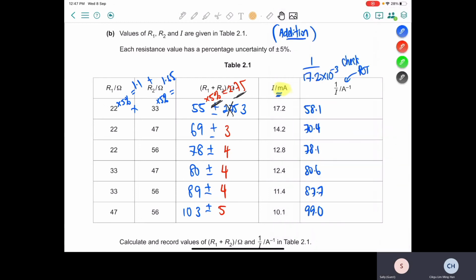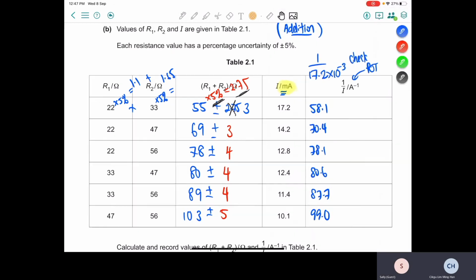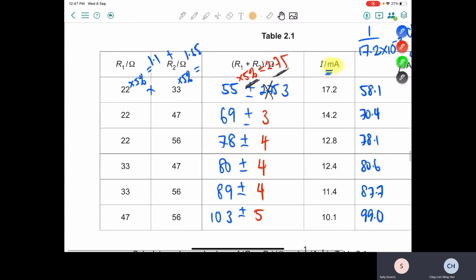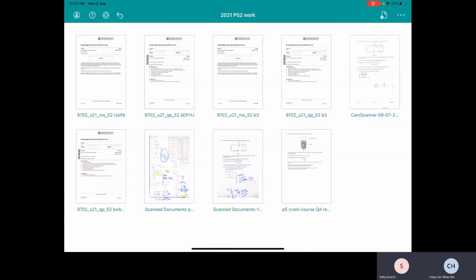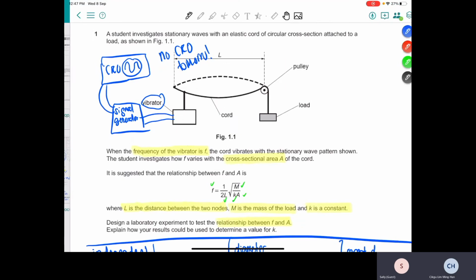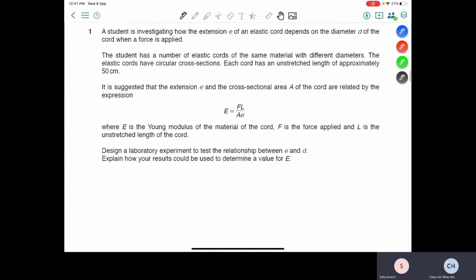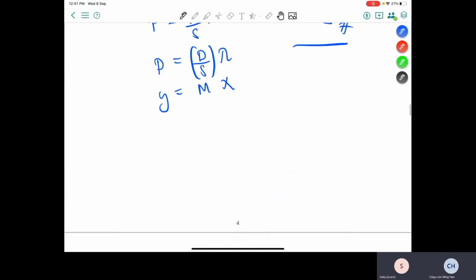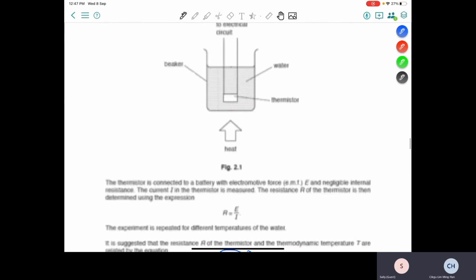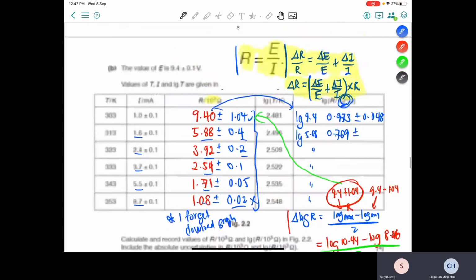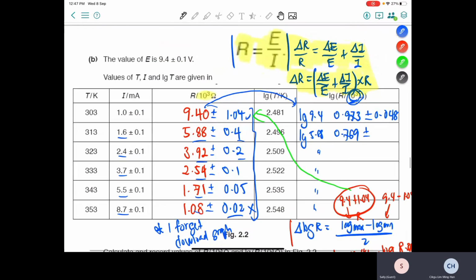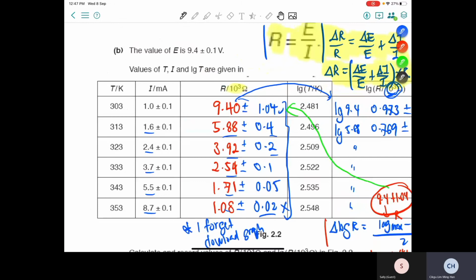For the uncertainty, right? For the question just now, if the current is given in milliampere, when we do the uncertainty, do we have to include 10 to the power of -3? You mean for example this one?